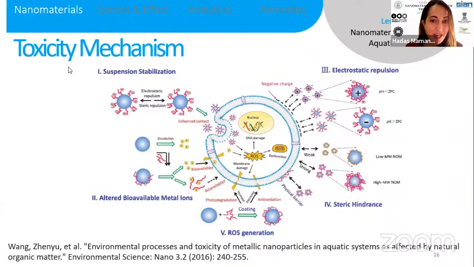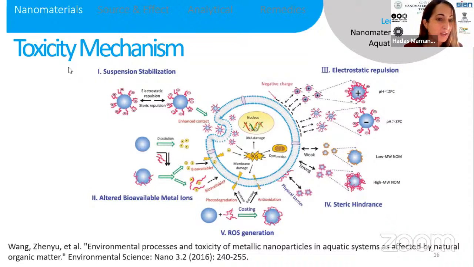Natural organic matter has a huge role in toxicity mechanisms. This is the natural organic matter that is present in water. For example, in surface water we can have a few ppm of NOM.